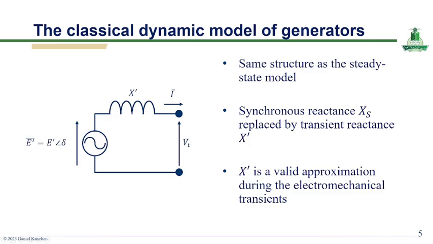This slide presents the classical dynamic model of synchronous generators, which closely follows the structure of the steady state model but is adapted for transient analysis. In this representation, the synchronous reactance is replaced by the transient reactance X prime, allowing us to better capture the generator's behavior during electromechanical disturbances.